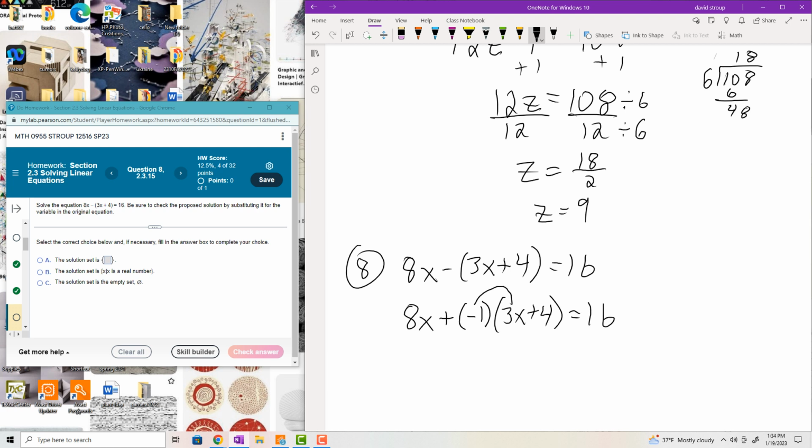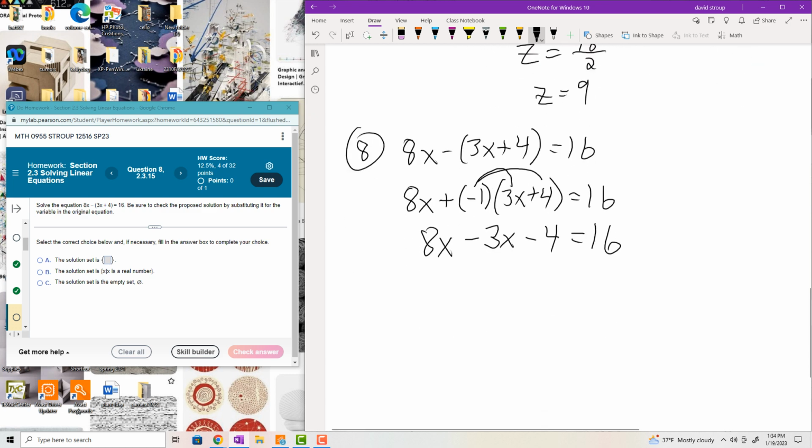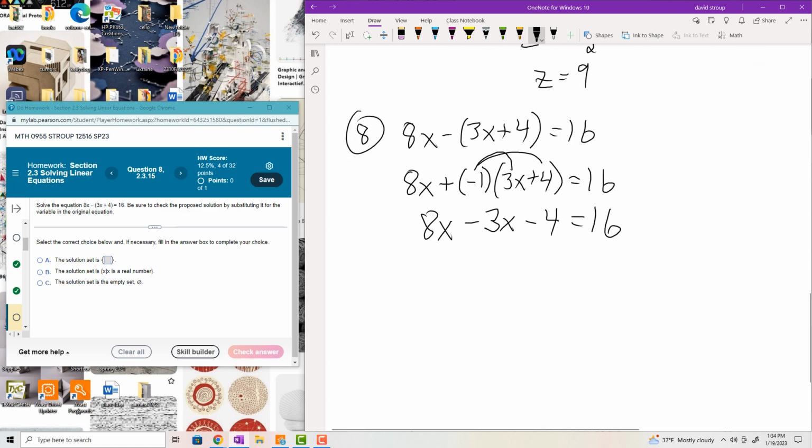Okay, so I'm going to distribute that through. So negative 1 times 3x is negative 3x. So I'm just going to write minus 3x. And then negative 1 times 4 is negative 4.